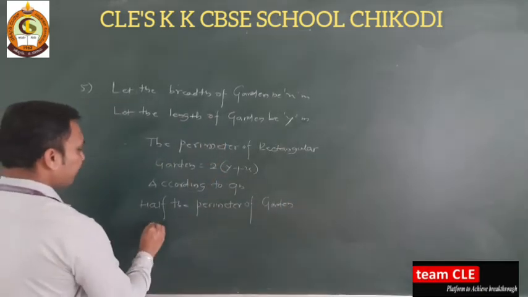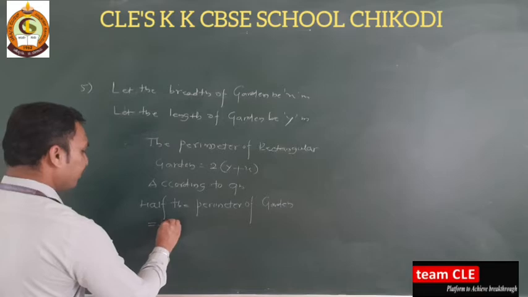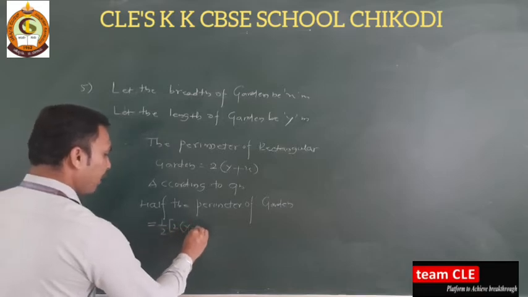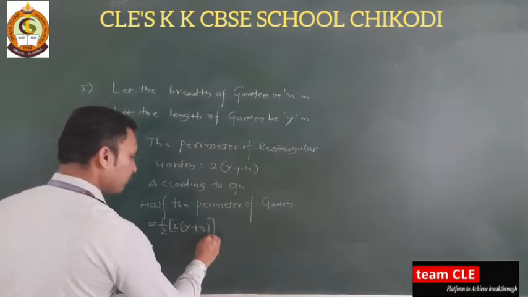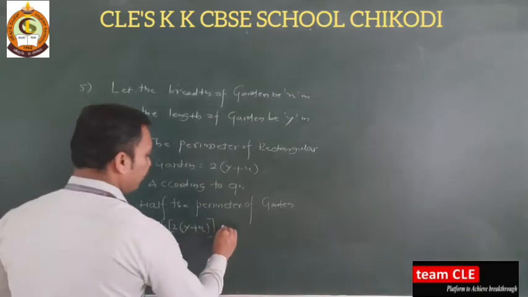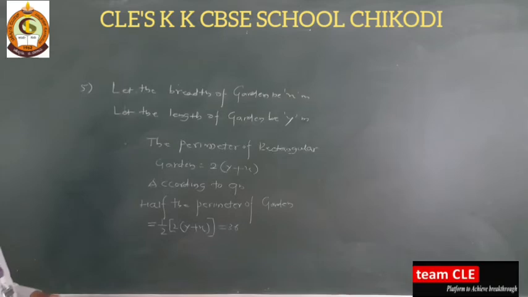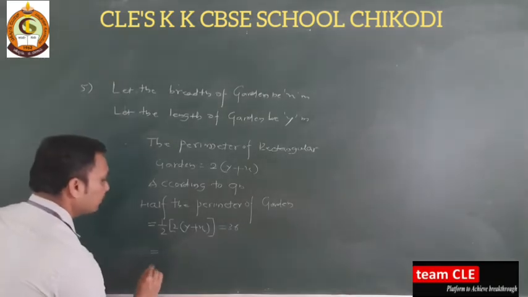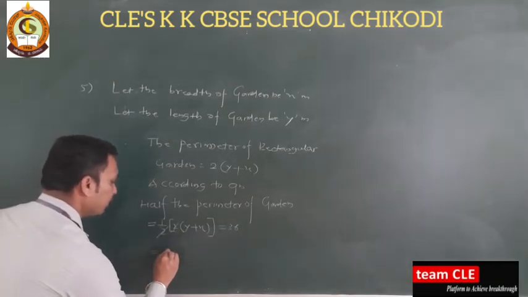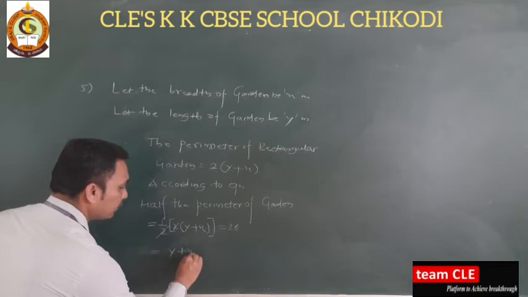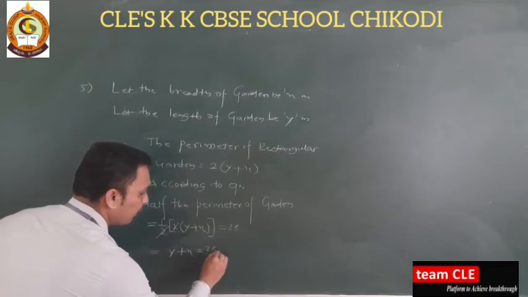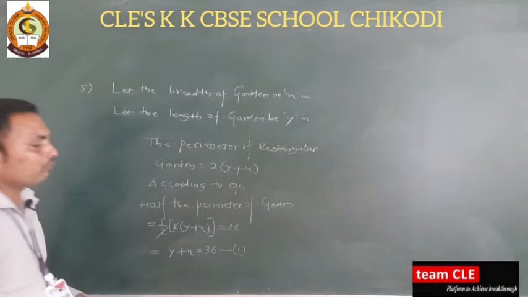So this we can write as 1 by 2 into bracket of 2 into y plus x is equal to how much given? 36 they have given. So these two get cancelled. We have y plus x is equal to 36, equation number 1.